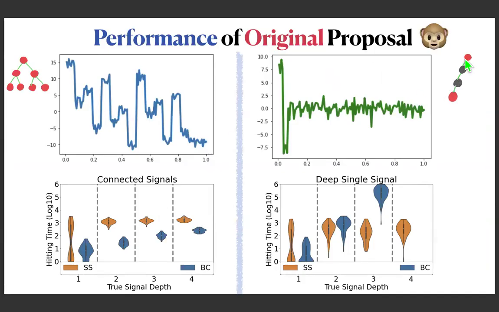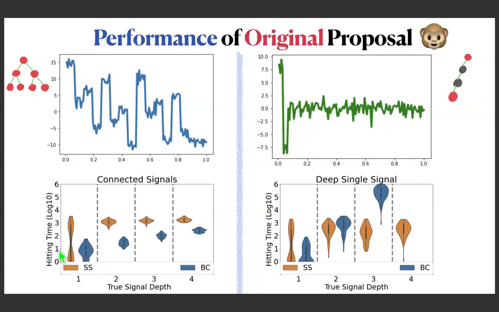The right side is about the disconnected signal, and the left side is about the connected signal. As a proxy of mixing time, I will just be showing the hitting time of the true tree. We will first compare with a simple variable selection algorithm with a spike and slab prior.